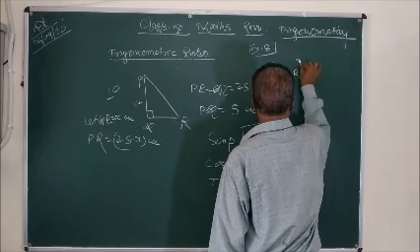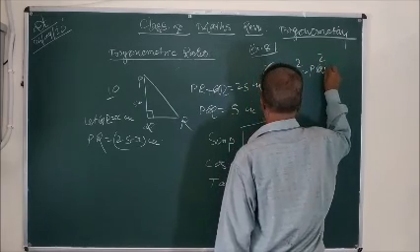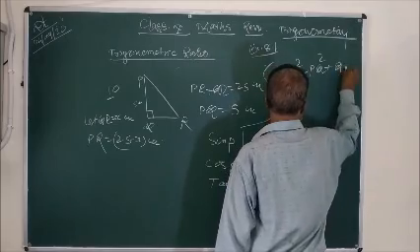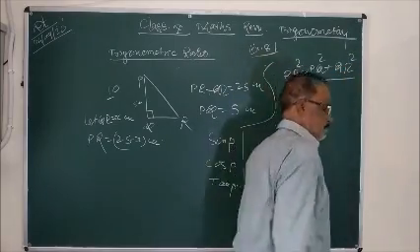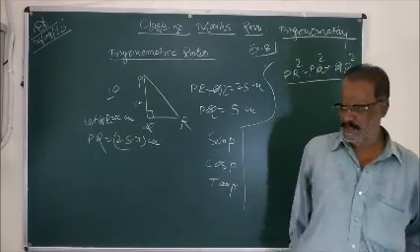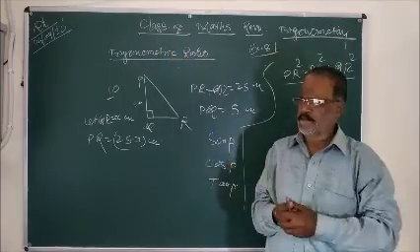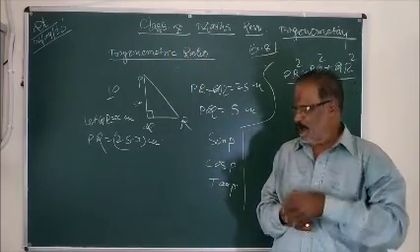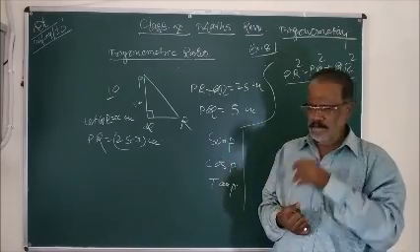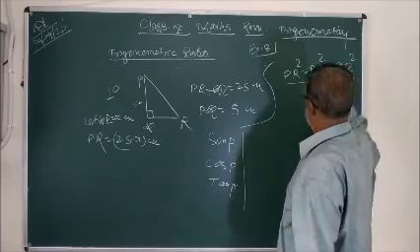In a right triangle, the square of the hypotenuse is equal to the sum of the squares of the other two sides. I have told you many times, all the theorems you are learning are very crucial for higher classes, and especially Pythagoras theorem.